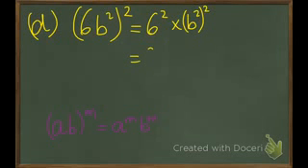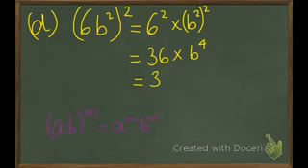Now this is equal to 36 multiplied by b to the power of 4. And therefore this is equal to 36b to the power of 4. Okay? Let's try part E. And well done if you got that right.